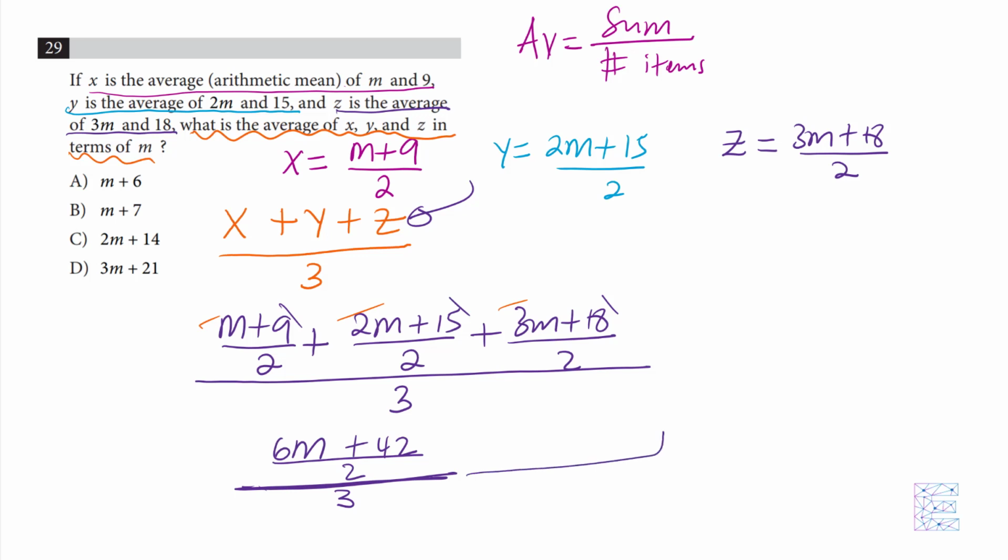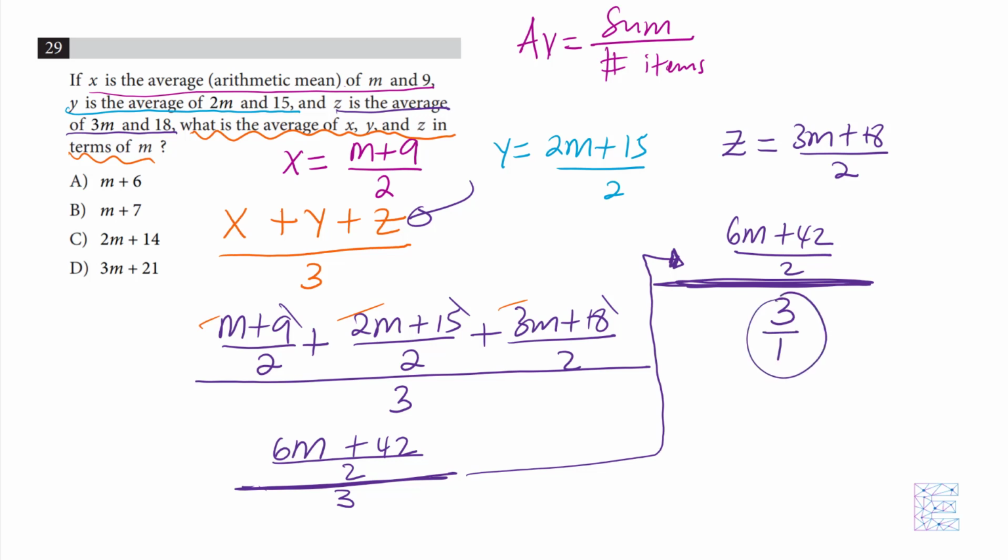Let's move this up here where we have a little bit more room. You may remember that when you have this funky looking fraction, 6m plus 42 over 2, being divided by 3, remember what we said: if you have this complex fraction, make the fractions look balanced. We can do that by giving this 3 a denominator of 1.